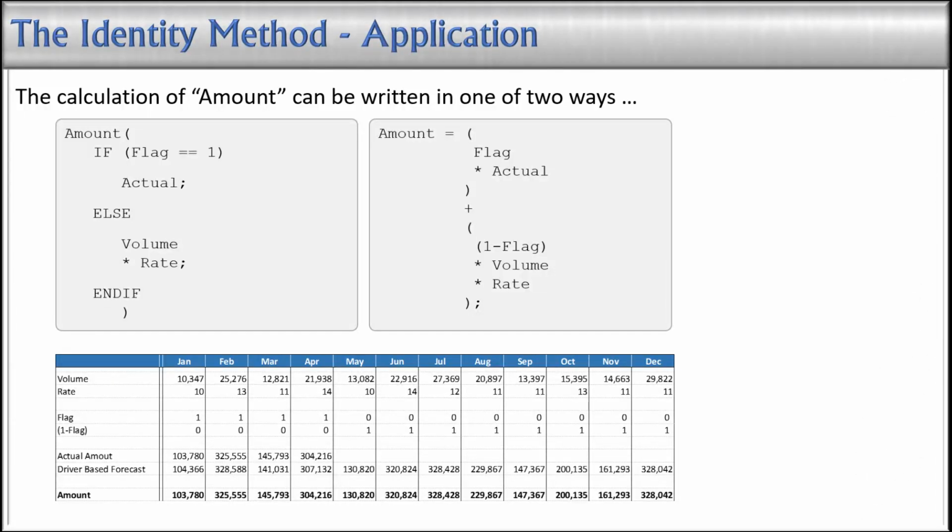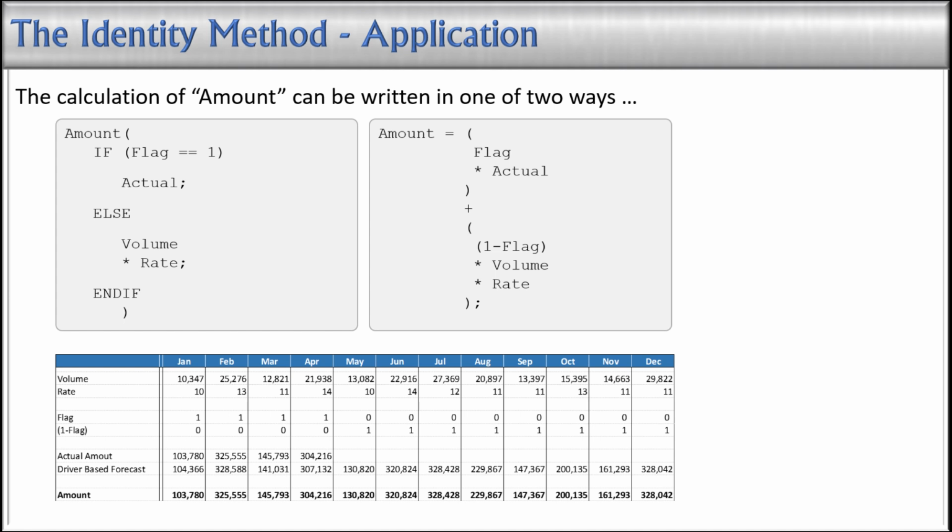When doing calculations for a forecast, we have to separate months that contain actual data from those months that we have to forecast using a formula. We might use a flag to do that.